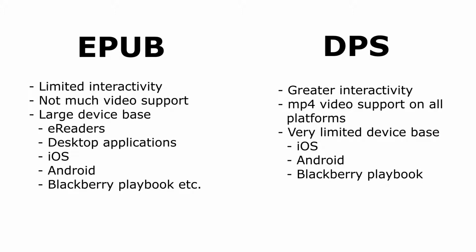However, while DPS does support more interactivity, it is often only designed for one device. Currently, DPS can only be viewed on iOS, Android, and BlackBerry Playbook devices, as opposed to the larger device space of EPUBs.